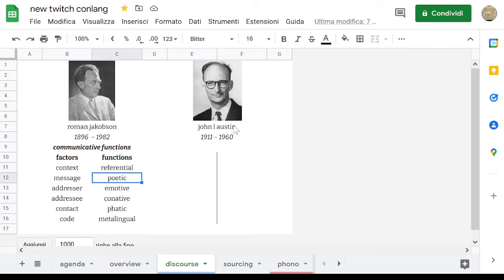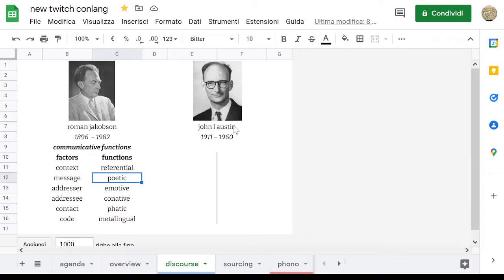Poetic, the poetic function of language, is one that focuses on the message for its own sake. So words for their own sake. Your focus is on how you use the language. So this would be things like poetry, or maybe song, like lyrics in a song. The language is for its own sake.